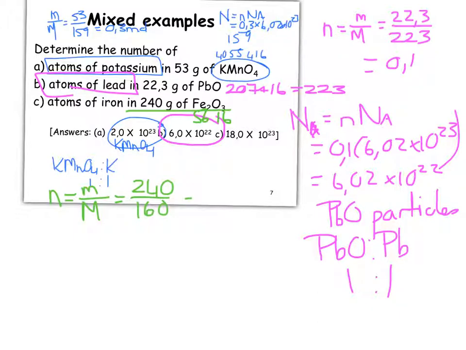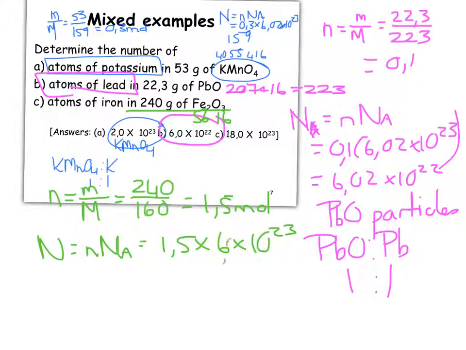And so I land up with 1,5 moles. Number of particles is equal to number of moles times Avogadro's number, which is equal to 1,5 times 6 times 10 to the power of 23, or 6,02 if you prefer, and that's equal to 9 times 10 to the power of 23.